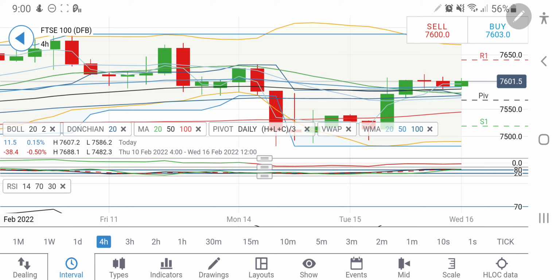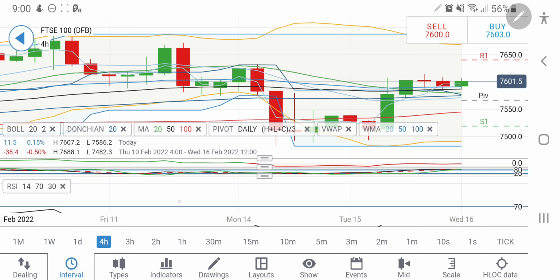I don't expect it to drop so far, but you can remain short once it breaks 7590 or the 7580 zone. On the upside, a long entry is recommended beyond 7620. If it breaks 7620, don't forget to go long. It is going to fly again. So take your positions accordingly.